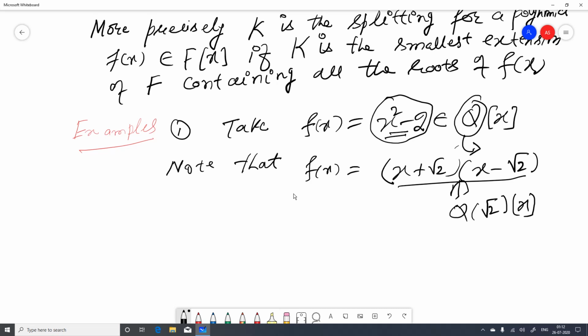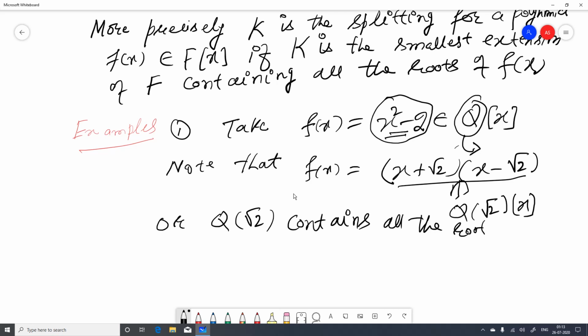Or you can say that Q(root 2) contains all the roots of f(x).